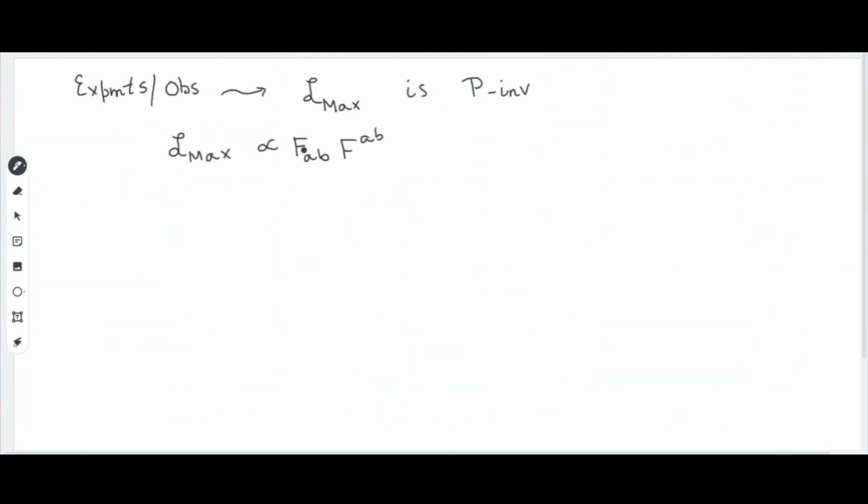But one can ask, sir, why not this to some power n, where n could be 1, 2, 3, 4, 25, 420, anything. This is also acceptable. But the only reason we choose F_AB F^AB is simplicity. We realize also other things.